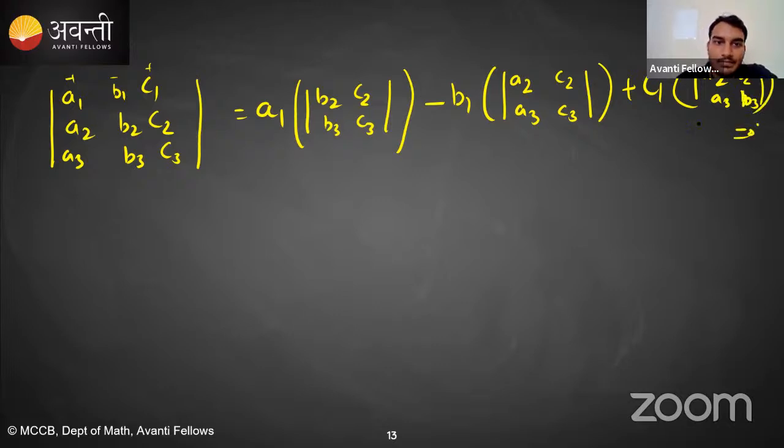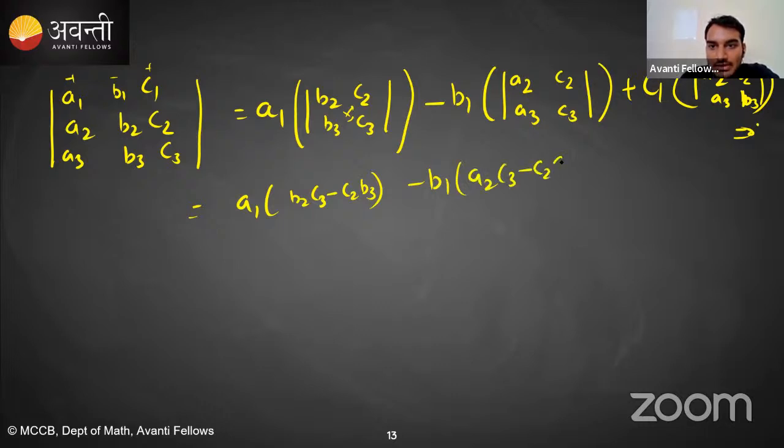So what is this? A1 into cross multiply, B2C3 minus C2B3, minus B1 into A2C3 minus C2A3, plus C1 into A2B3 minus B2A3.